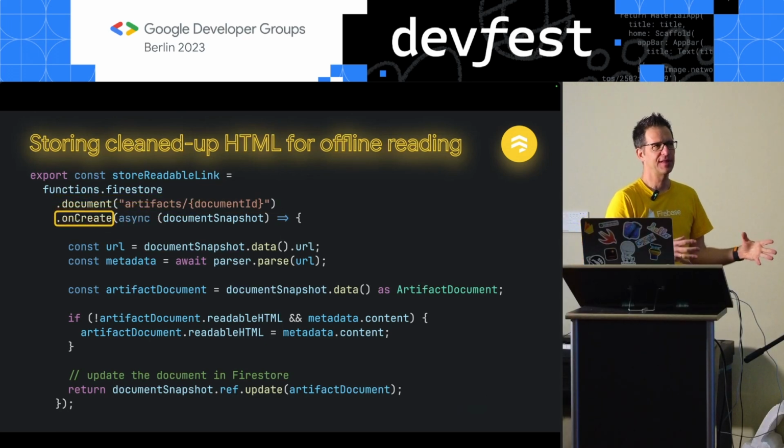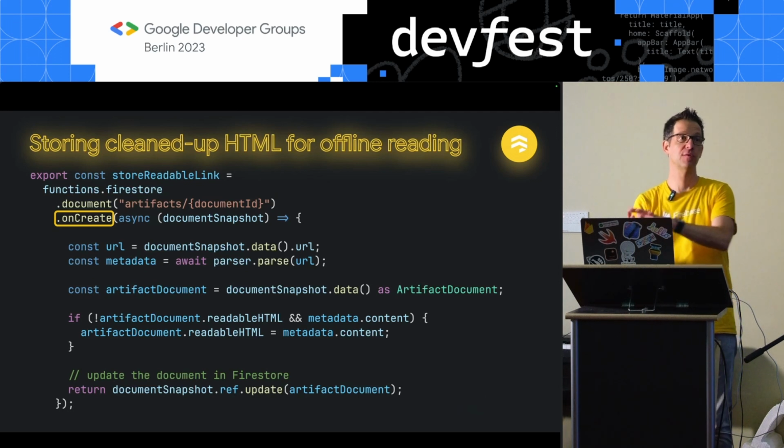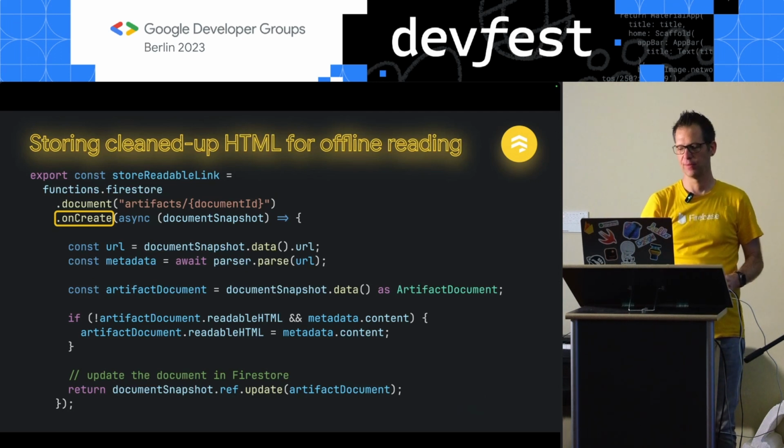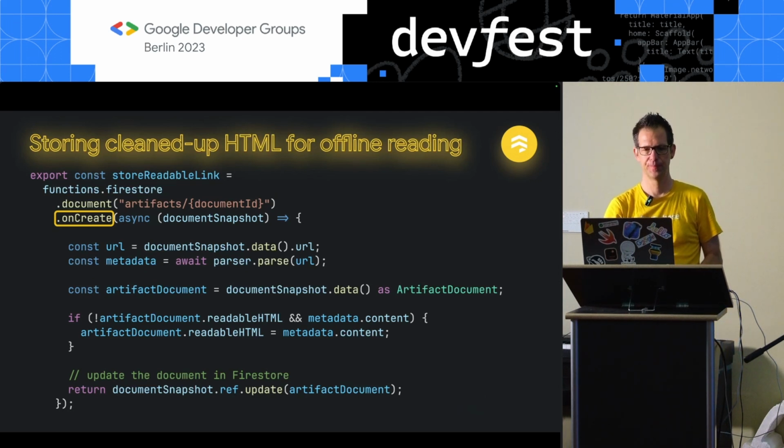And specifically, I want to run this function whenever a new document is created. So I don't care about updates. I want to run this when it's created, right? Because when the user stores something, then we want to download the simplified HTML.